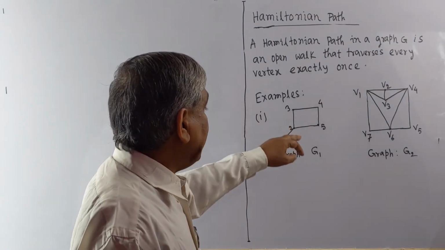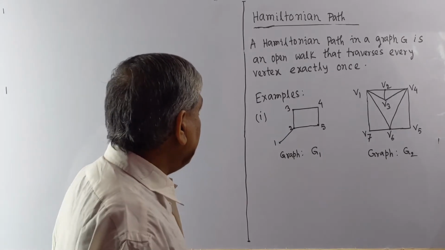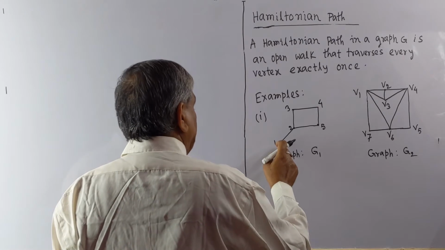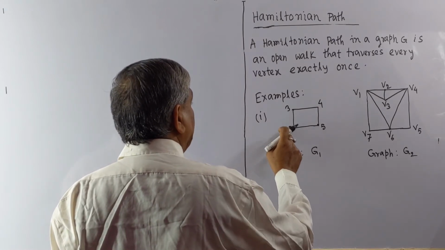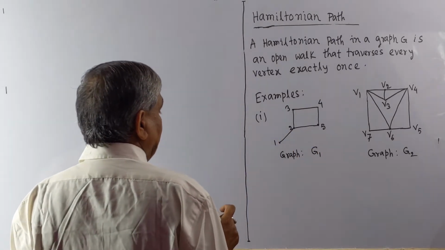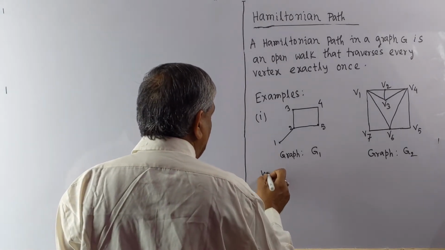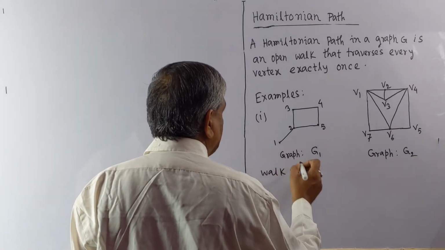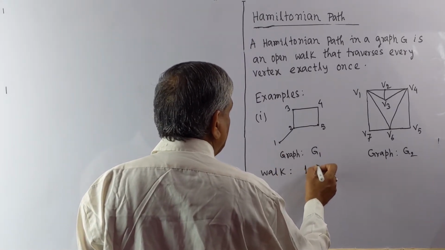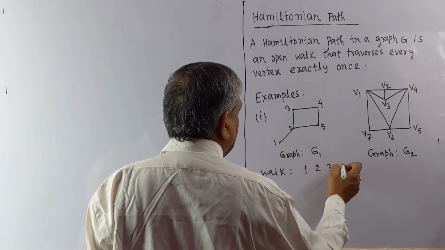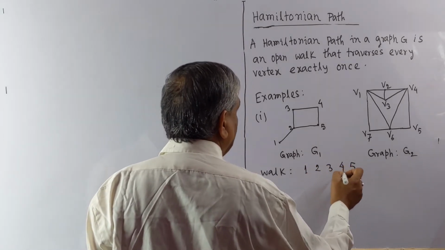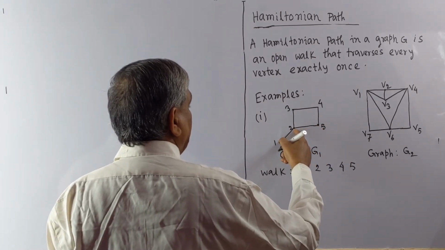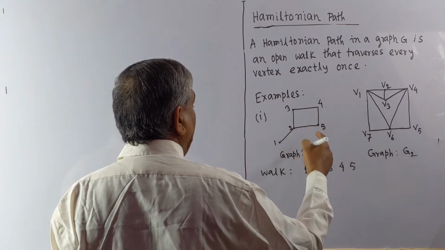Here by an example we try to understand this. Here this is graph G1. Here vertices are denoted by 1, 2, 3, 4, 5. Here we take a walk. Firstly we take vertex 1, then 2, then 3, then 4, then 5. If we return back here, then the vertex 2 will be repeated.